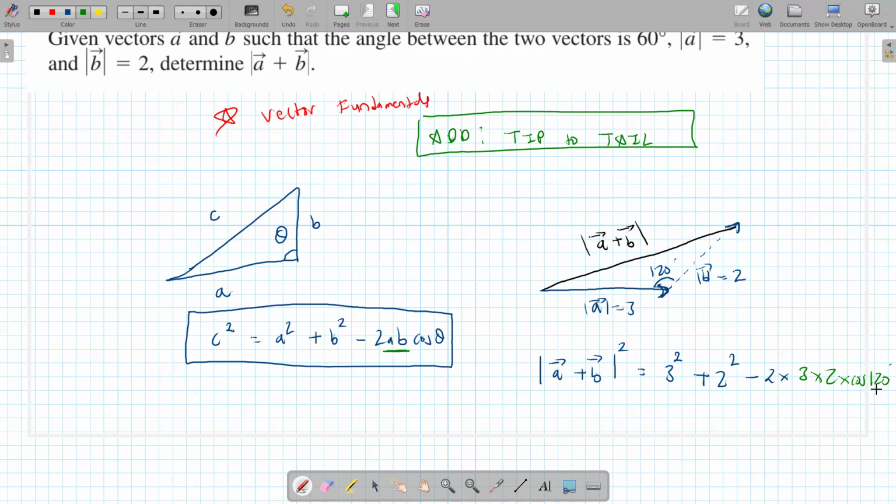And then you square root. Remember, we're trying to find the magnitude of a plus b. There's a squared here, so you have to square root this, and that'll give you the final answer.